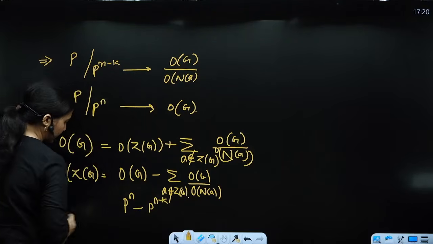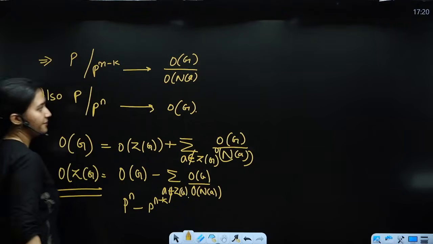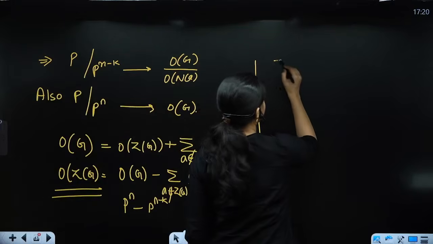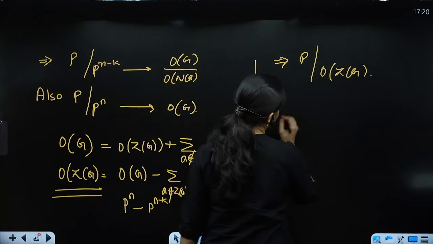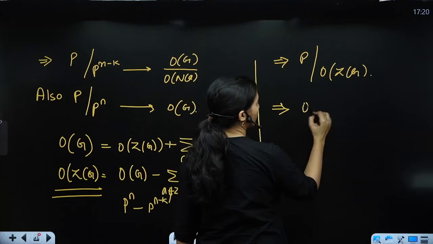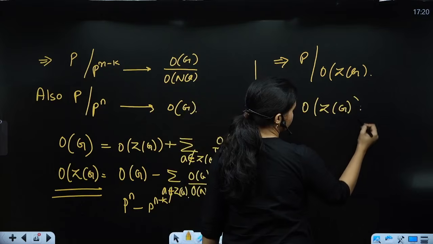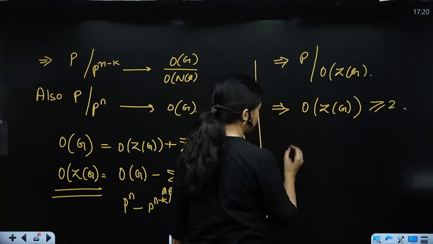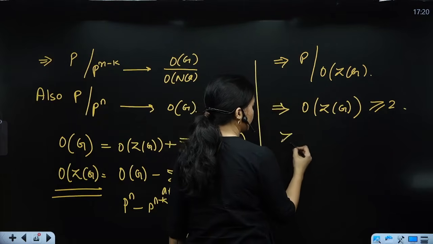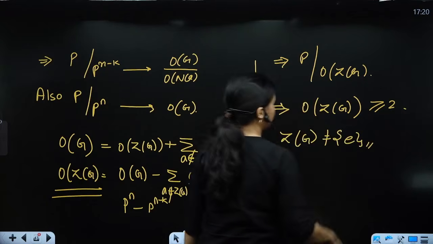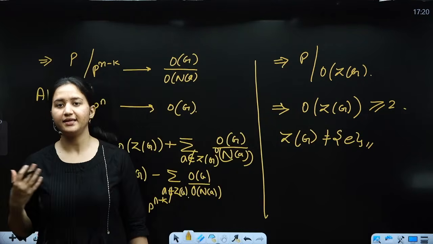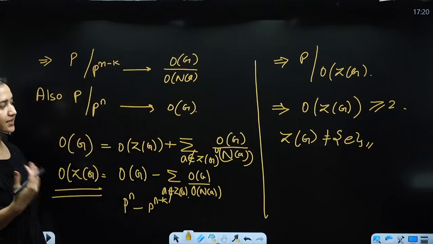So this implies that P must divide order of ZG as well. So if this is happening, then order of ZG must be greater than or equal to P. This is exactly what we wanted to prove. That means ZG is not equal to identity. That means it is not only the identity element inside it, it has more than one element.